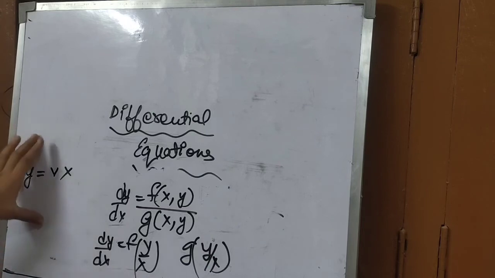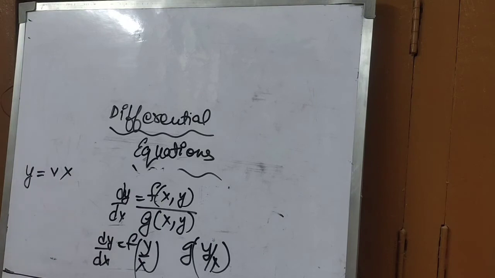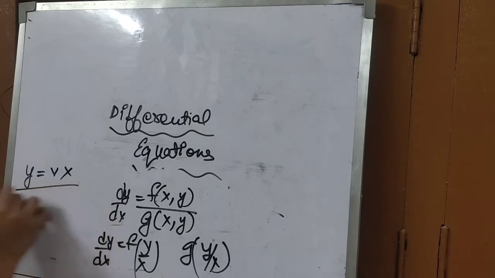If you get the same function back, that will be your homogeneous function. Just remember that you can verify whether your equation is homogeneous by putting y equal to vx, and if your function returns to the original, then your equation is a homogeneous equation.